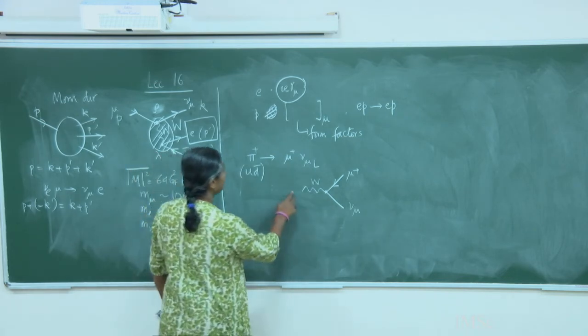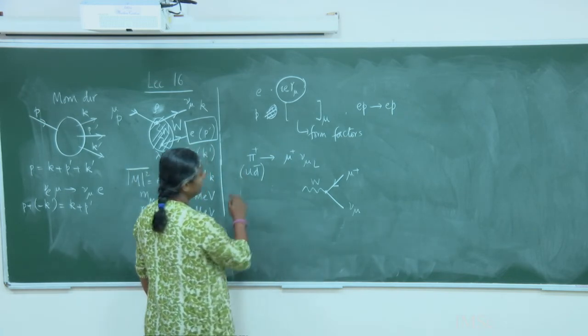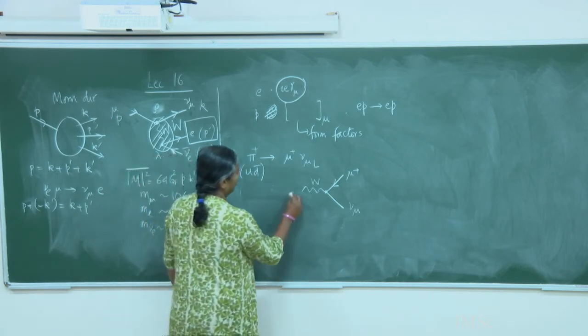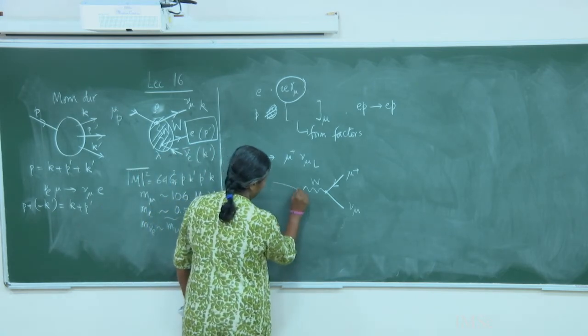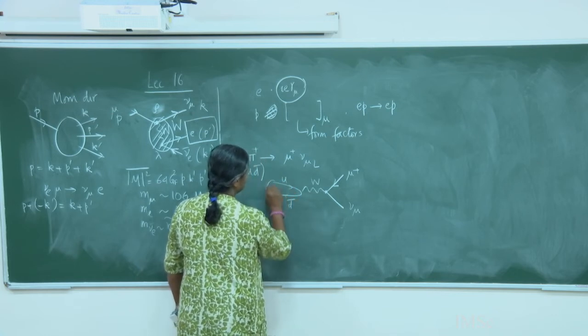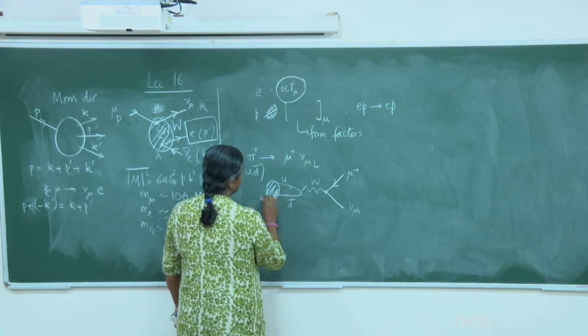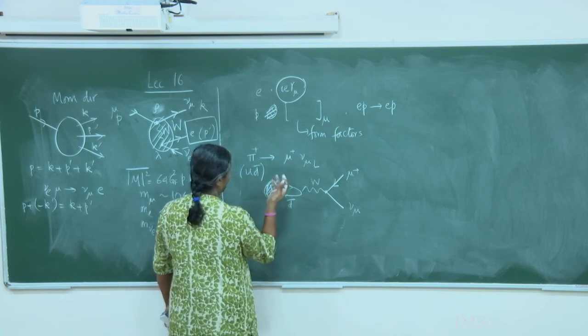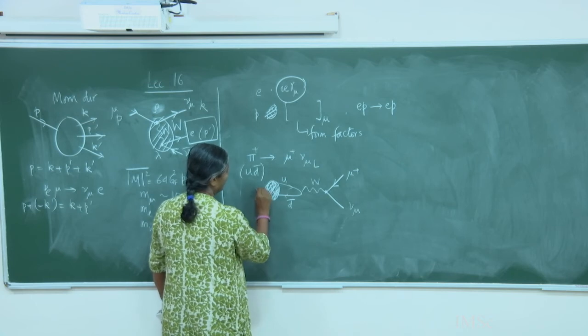But what happens on this side? Pi is not exactly u d bar, pi looks like u d bar, okay. So what I can write is that, okay, here is my u d bar, this is my u, this is my d bar, and somehow this u d bar has to, whatever be bound together to form the pi.